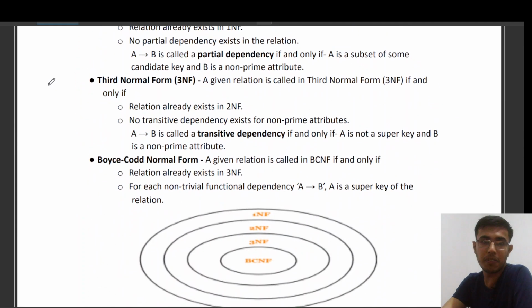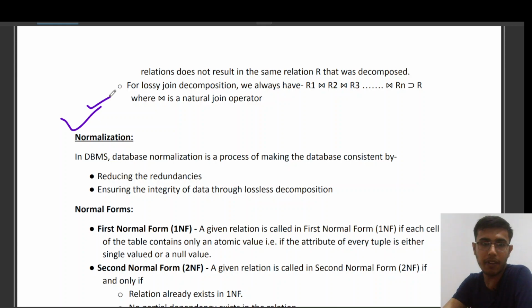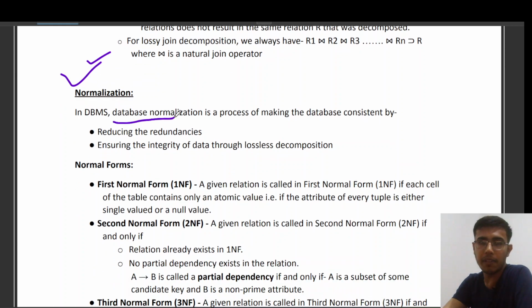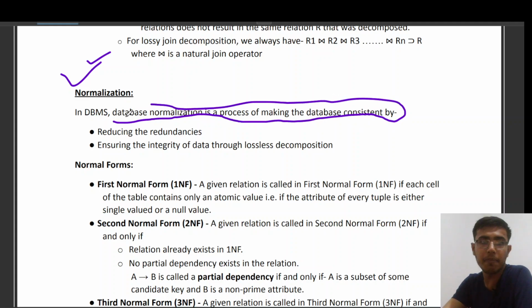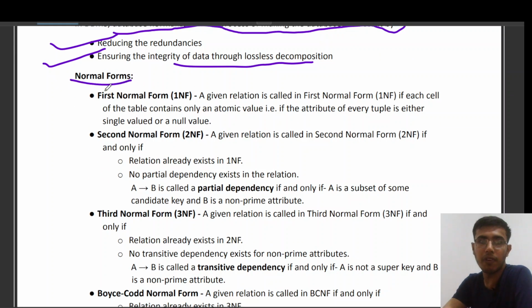Next comes the process of normalization. Normalization is a very important topic. In DBMS, the database management system, normalization is a process of making the database consistent by reducing redundancy and ensuring the integrity of data through lossless decomposition. There are various normal forms: 1NF, 2NF.